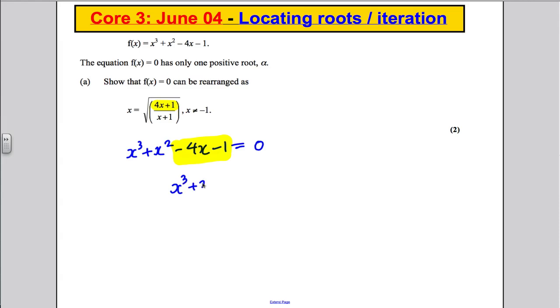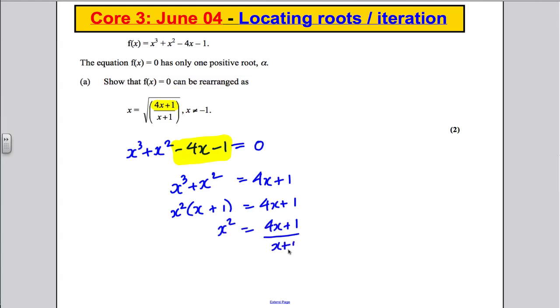So x cubed plus x squared is equal to 4x plus 1. Factorise out the x squared. Divide both sides by x plus 1. And take the positive square root. x is equal to the square root of 4x plus 1 over x plus 1. And you're done. You've shown that.